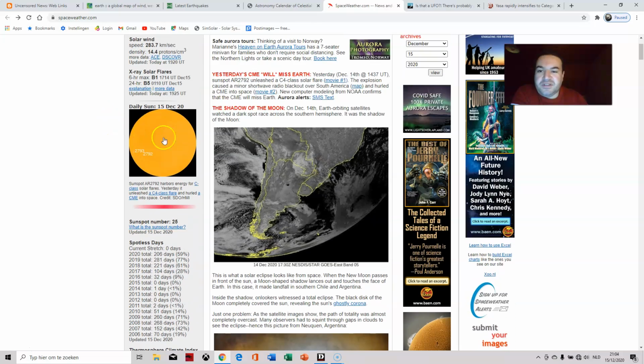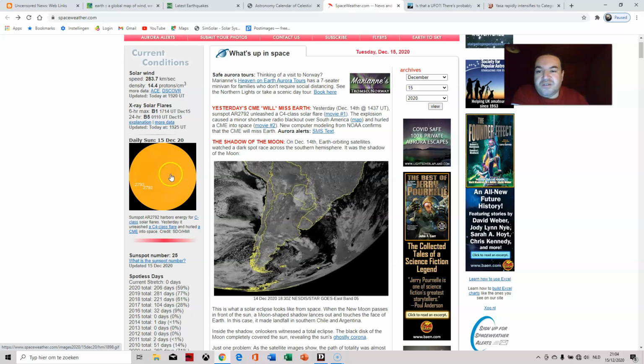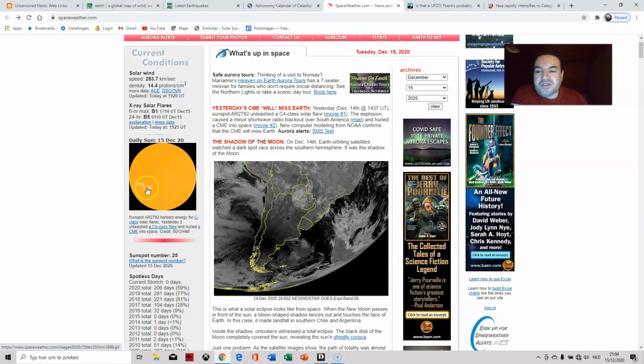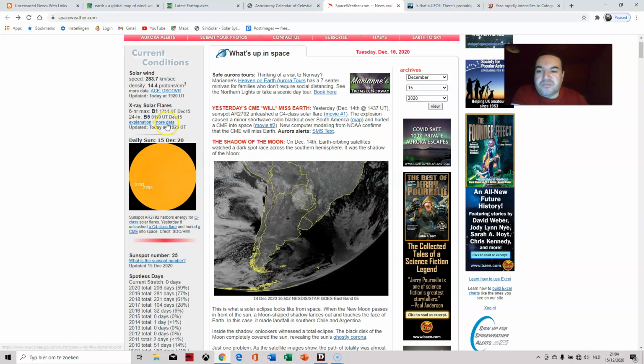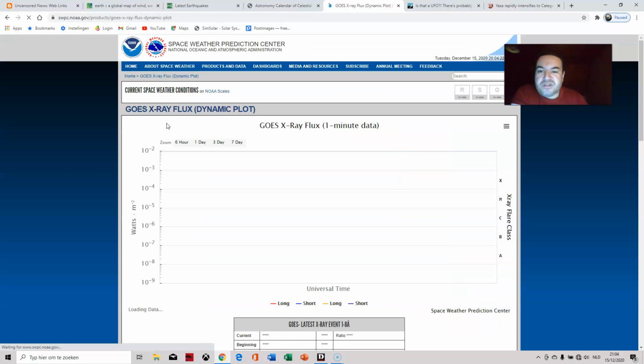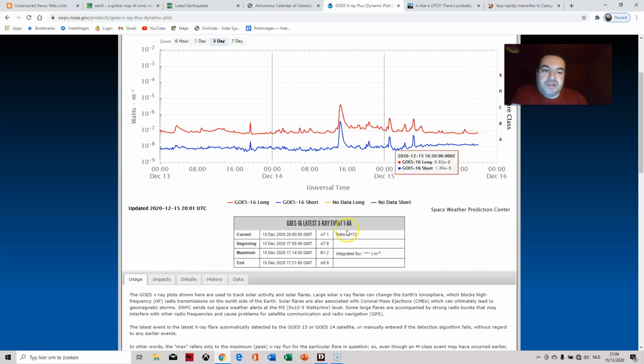Other than that, the sunspots are not complex enough to produce anything meaningful. Let's take a look. So you see it's really flatlining or B flares, and that's about it.